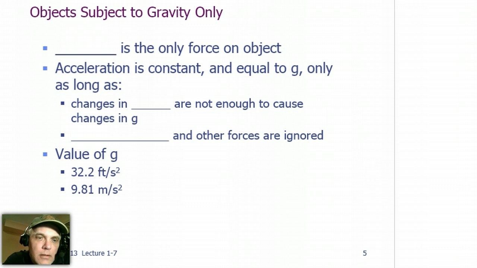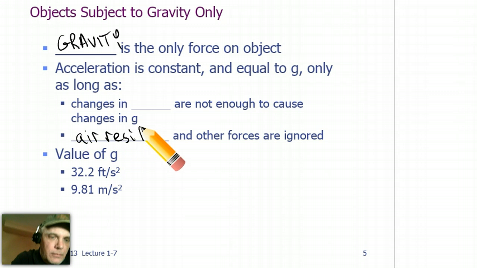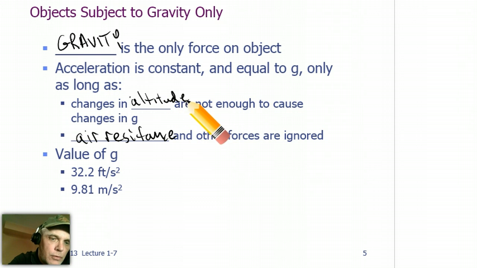Not a whole lot to discuss on this slide, but the point we want to make is that if gravity is the only force on an object, and we ignore things like air resistance, lift if you're talking about airplanes, and changes in altitude are not enough to cause changes in g, then we will have constant acceleration.